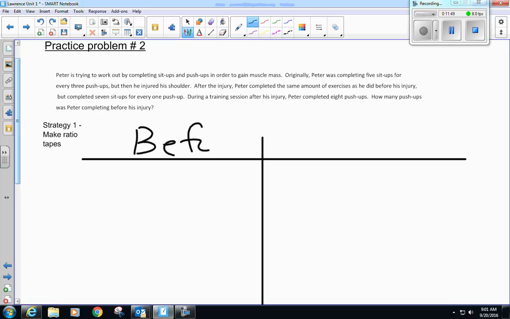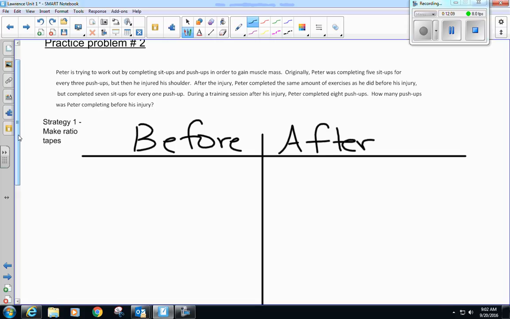So put before and after. And this time it actually is really before and after. Before his injury, after his injury. But if it's not, you should label it, like the one we did first, the Saturday, Sunday. Label, label, label. It'll keep you figured out. And so, originally, he was completing 5 sit-ups for every 3 push-ups.